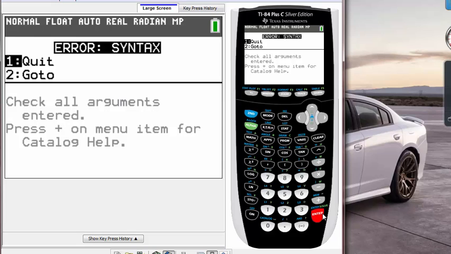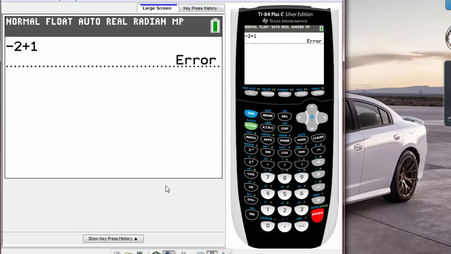The reason is because that was not a negative sign. That was a subtraction sign. You're using subtraction sign to subtract something from something, but it didn't have anything in front of that subtraction sign. So that's why it showed us an error. Okay, so let's go to quit. You can just quit by hitting enter or pressing 1.